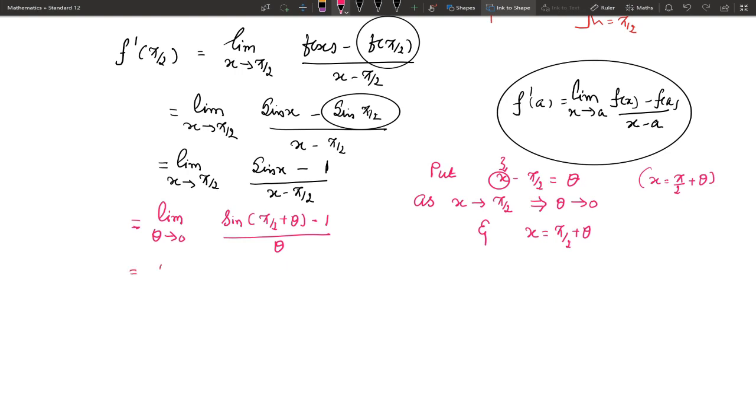Sin of 90 plus theta is cos theta, so cos theta minus 1 upon theta.